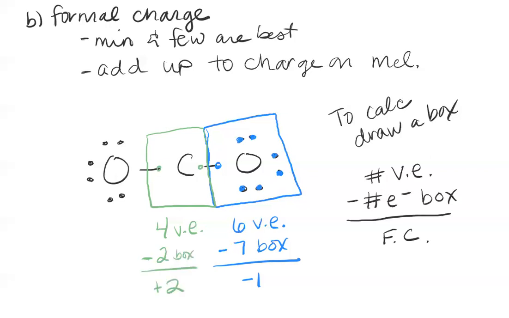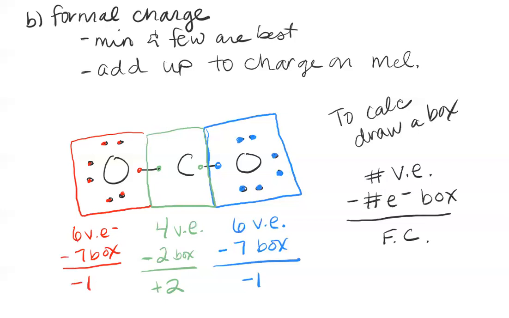So carbon has a +2 formal charge. Okay, and then the last one is this oxygen. Okay, and this oxygen looks just like the other oxygen. You've got 6 valence electrons, and there's 7 in the box, right? Because there's 1, 2, 3, 4, 5, 6, 7. We subtract those, and that gives us a -1.